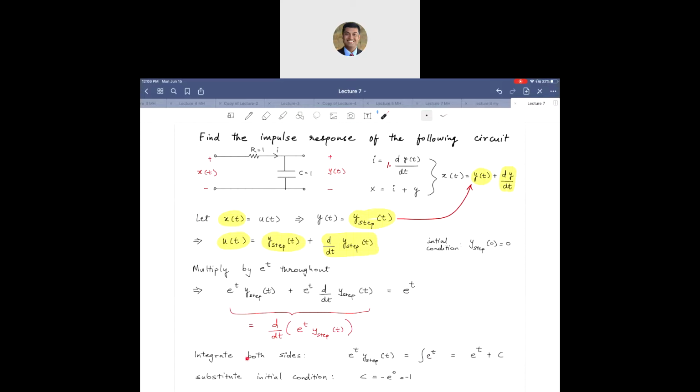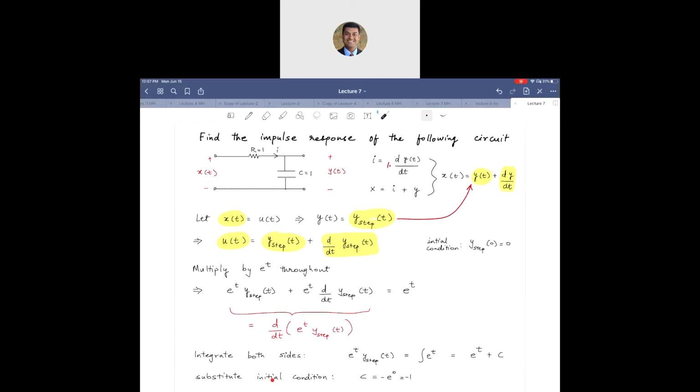So now when you integrate both sides, what do you have? When you integrate this, the derivative cancels out, you get e to the t y step of t. The right hand side, I need to integrate e to the t, which is very straightforward. You get e to the t plus some integration constant c. Using the initial condition that I laid out earlier, I should be able to find the integration constant.